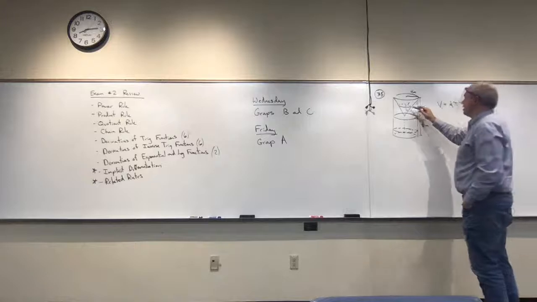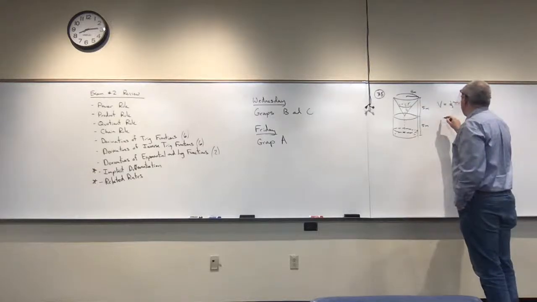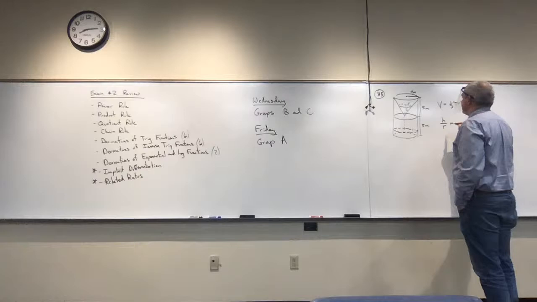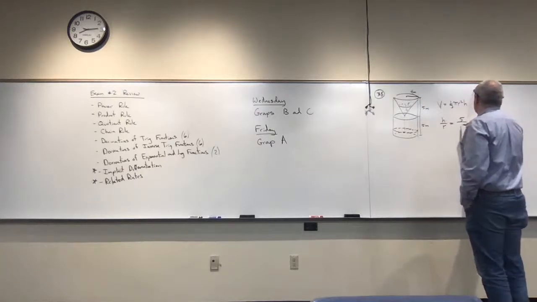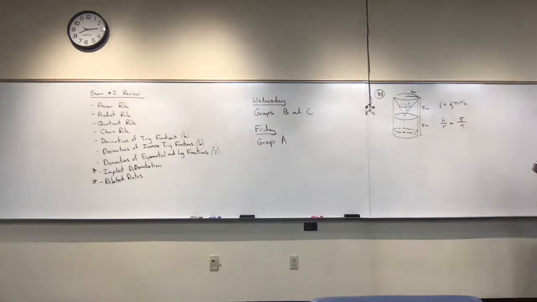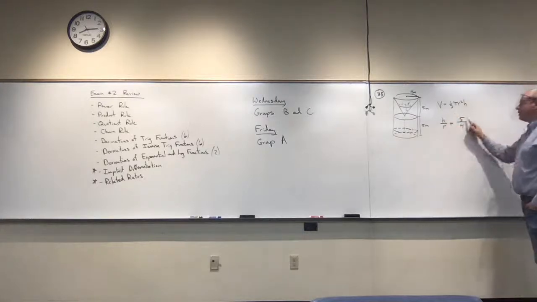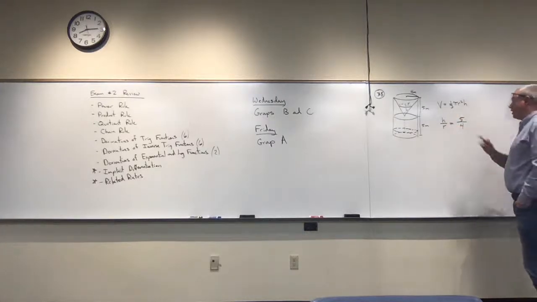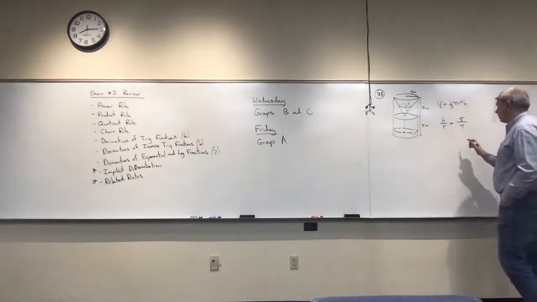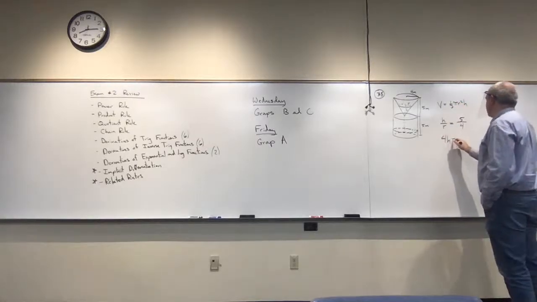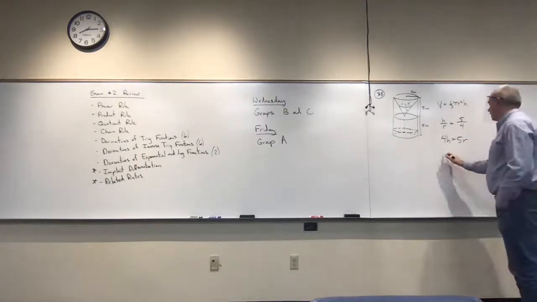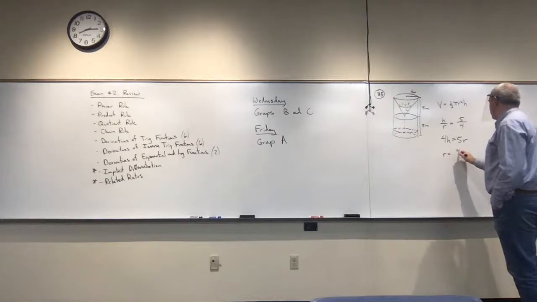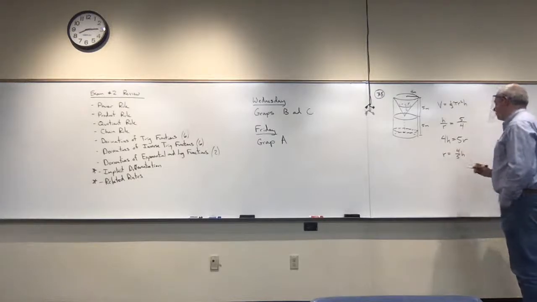We know that h divided by r is the same as 5 divided by 4, by similar triangles. So now we can solve this equation for r and get rid of r in our equation. If we solve this, we get 4h equals 5r, and solving for r, I get that r is 4/5 h.